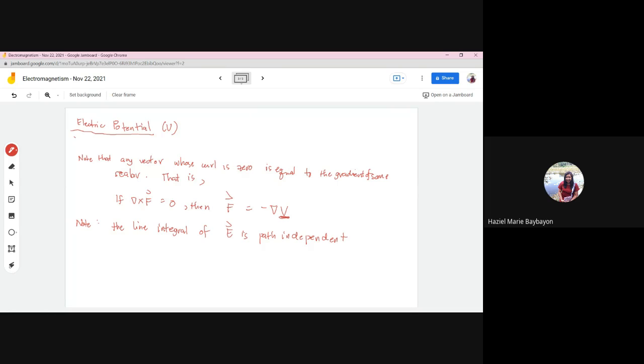Okay, so it is independent of the path. So the same with work. If you can recall, work is equal to the integral of F dot dl. Okay, so this is conservative. It is independent of the path.